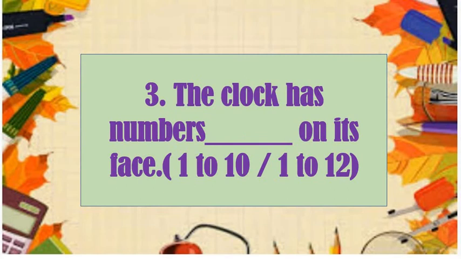The clock has numbers dash on its face. The options are 1 to 10 or 1 to 12. Answer is 1 to 12. The clock has numbers 1 to 12 on its face.